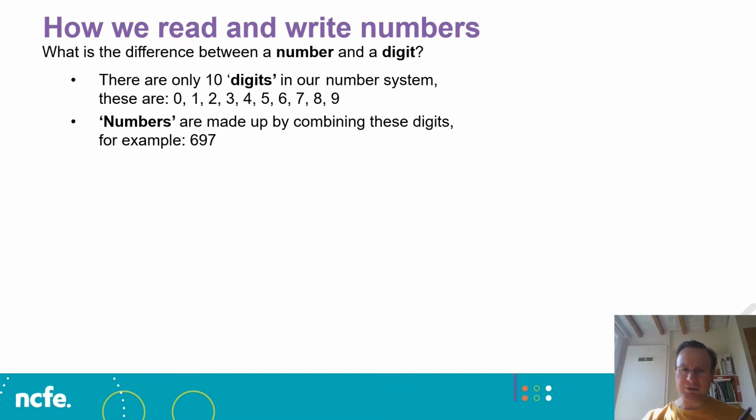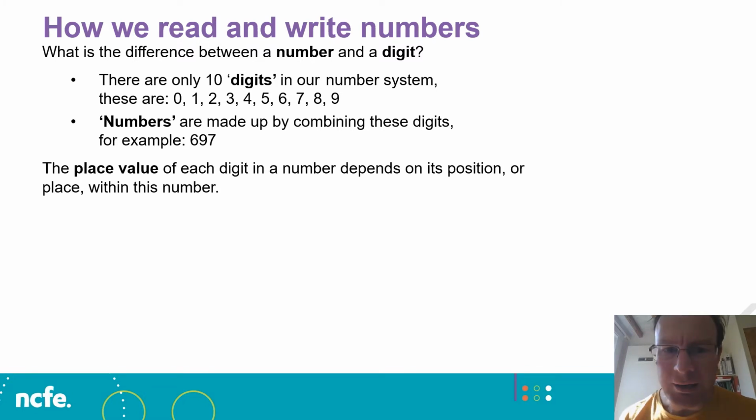To break it down simply, our digits are 0, 1, 2, 3, 4, 5, 6, 7, 8, 9. Each one of those is a digit. And then we make up numbers using those digits, so numbers are made up by combinations of those digits, or individual digits when you've only got single digit numbers.